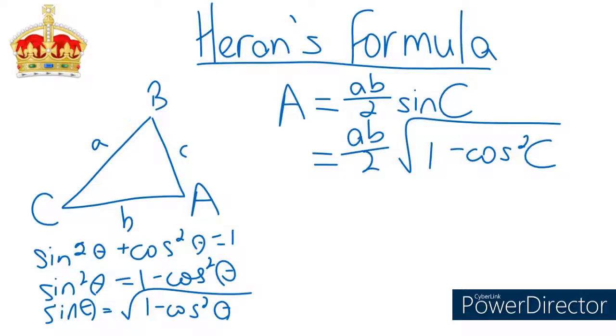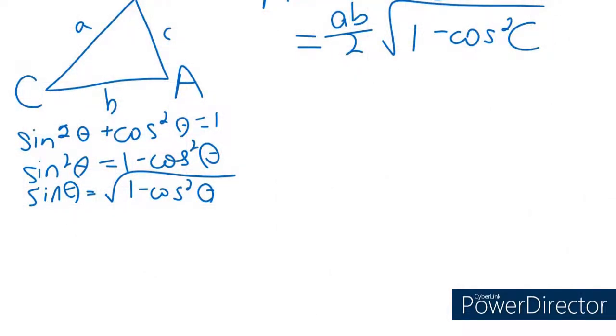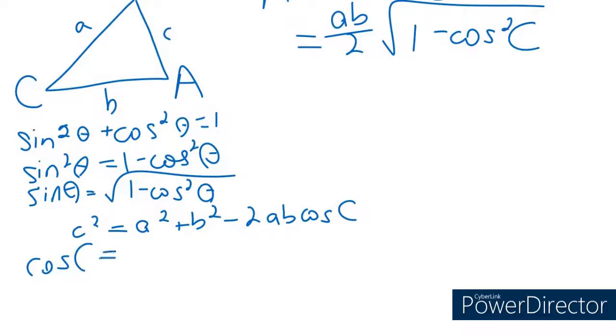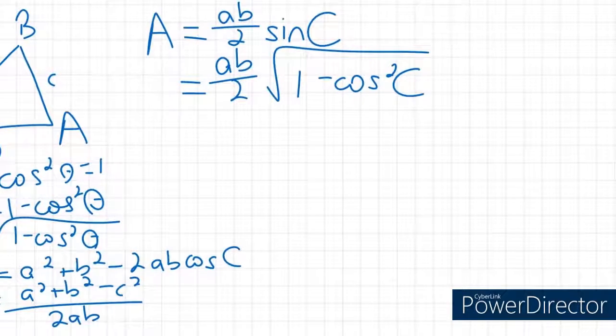What the law of cosines basically says is that for side c, c squared is equal to a squared plus b squared minus 2ab cosine C. So we're going to rearrange this formula, and we end up with cosine of C is equal to a squared plus b squared minus c squared over 2ab. Okay, so that's where we're getting this from.